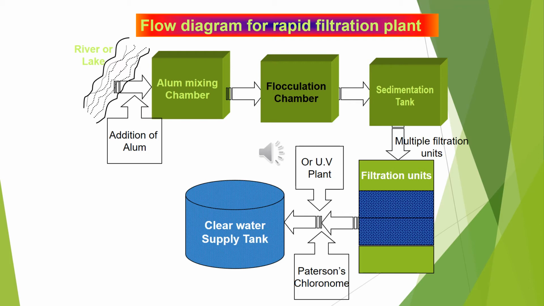Now all the flocculates combine with the pollutants, and those flocculates settle at the bottom, which are removed. Now water from the sedimentation tank is then transferred to the filtration unit, and from the filtration unit the water is then disinfected, and then clean water supply is maintained.